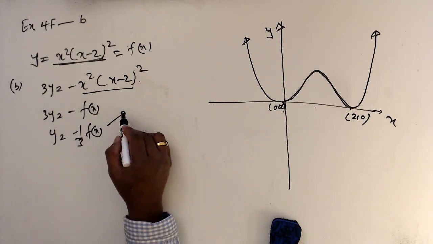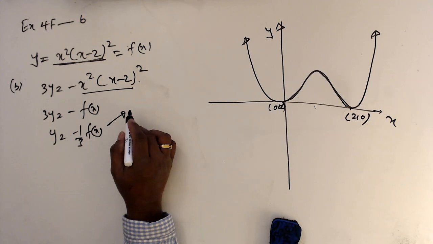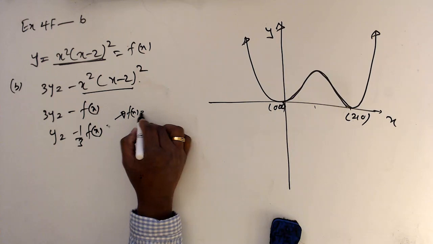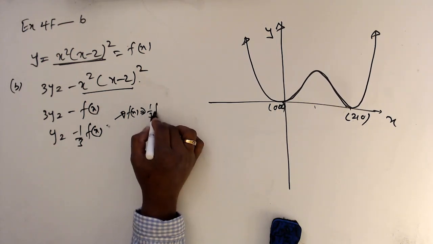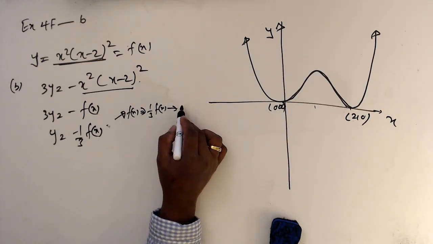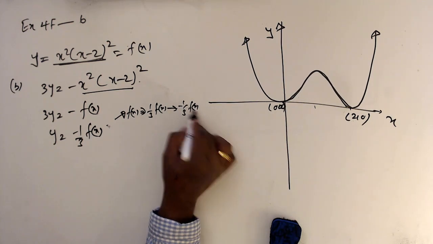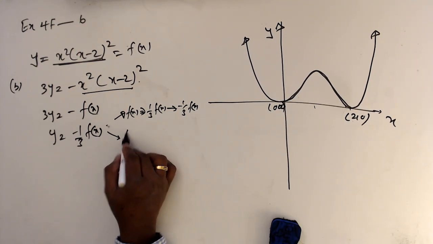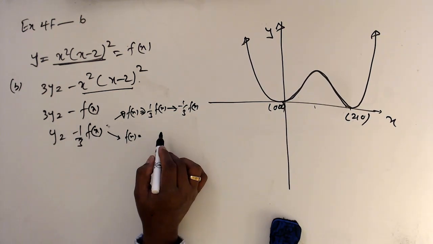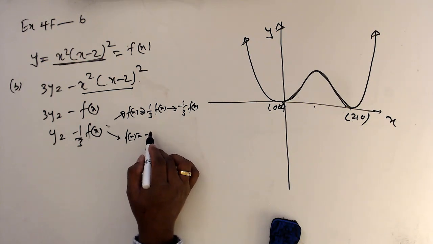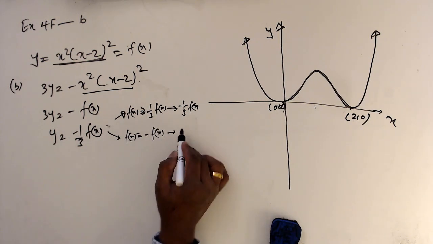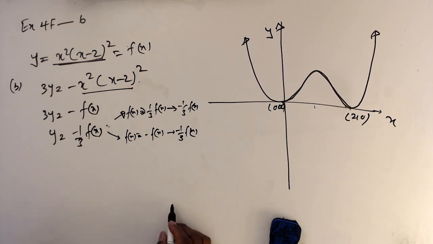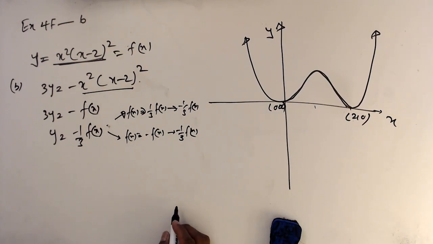One is I can turn f(x) into 1/3 f(x), then do minus 1/3 f(x). Or the other route, I turn f(x) into minus f(x) and then 1/3 of it. You can use any route.